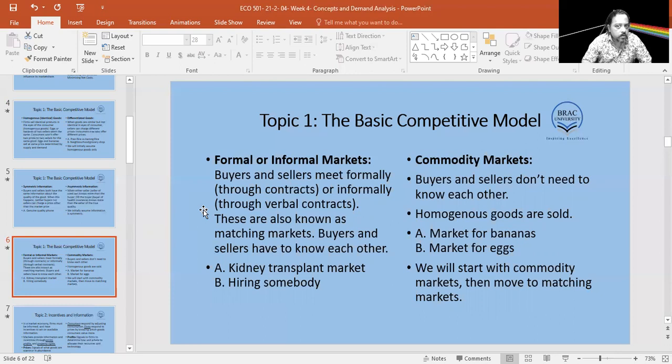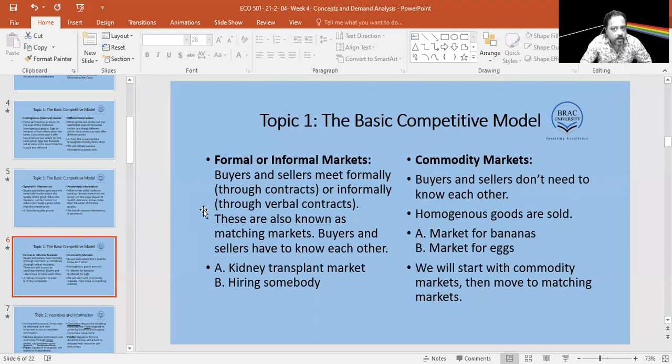In a kidney transplant market, what happens? We are matching the buyer and the seller. Even if somebody is willing to sell their kidney, that does not necessarily mean that I, as a potential buyer, can go and buy that kidney. The buyer and the seller have to match each other. Otherwise, the transaction is not going to happen.